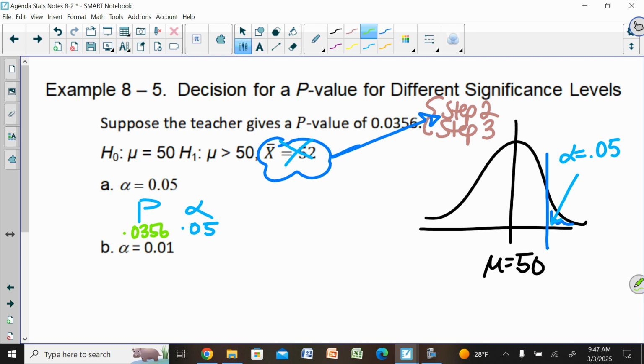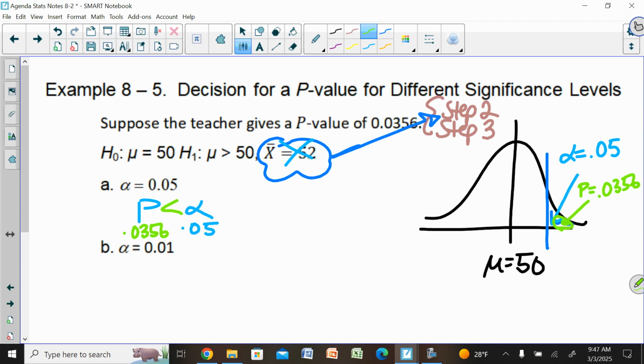my p-value is definitely less than alpha, right? If you're a picture person, this whole shaded area over here on the right is 0.05 for my alpha. If I drew a p-value of 0.0356, that whole area of p falls inside that shaded rejection region.